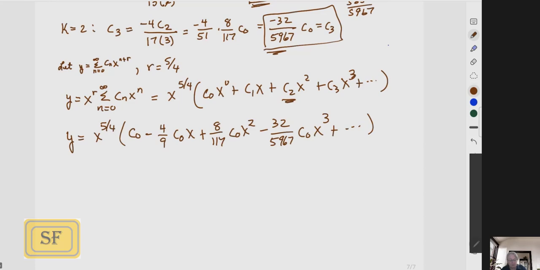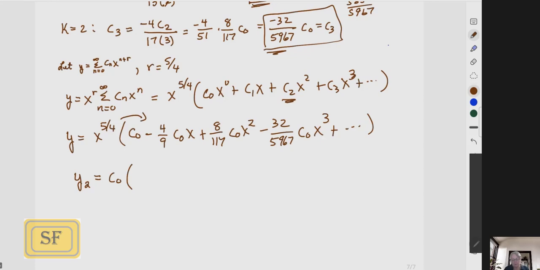If I factor out those C0s, and I'll multiply through by this x to the 5/4, so that you can see what our second solution looks like.